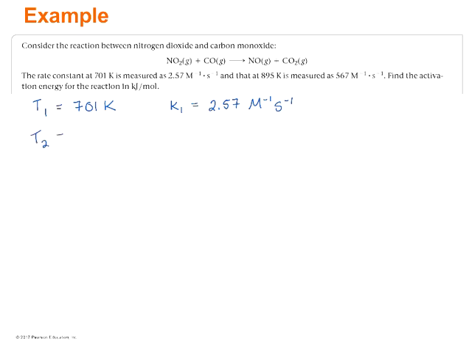And then our second temperature is 895 Kelvin, and our second rate constant is 567 inverse moles per liter per second. And again, we want to find the activation energy. So let's write out that two-point form for our Arrhenius equation.